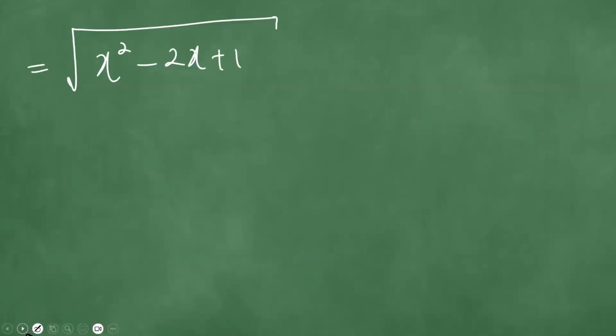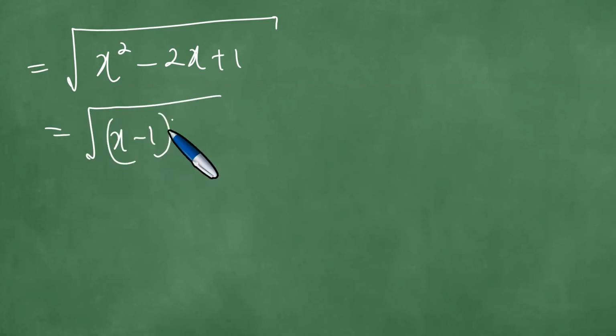With this, we are able to have x minus 1 all squared. The square root of this is the modulus of x minus 1.